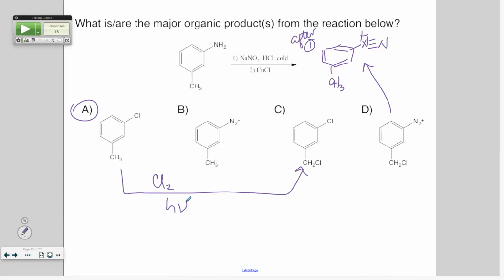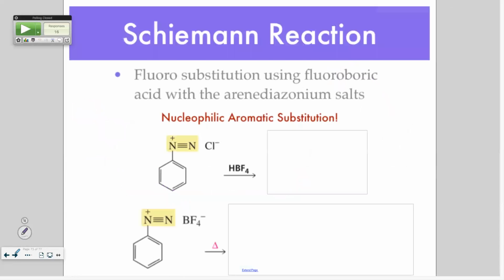You'd have to do free radical halogenation from way back in the dark ages of August. We did it a long time ago. But it's benzylic, so it'll substitute readily. Okay, all right, so just keeping everybody on track.